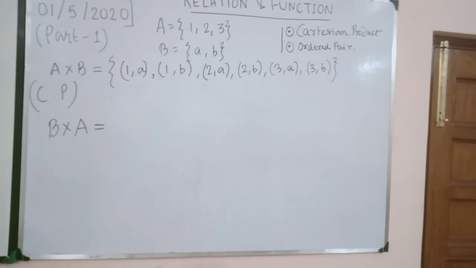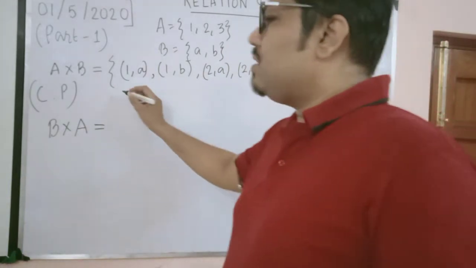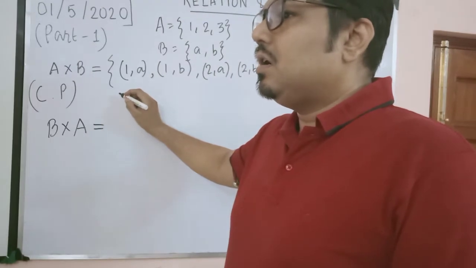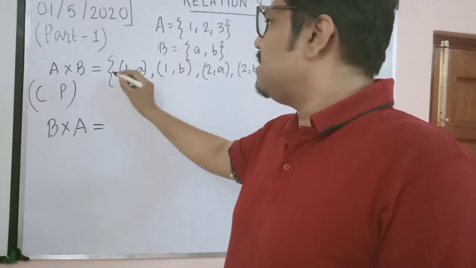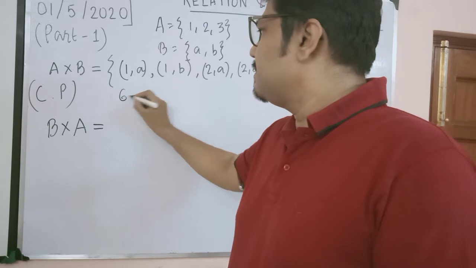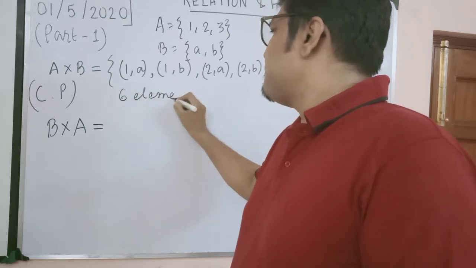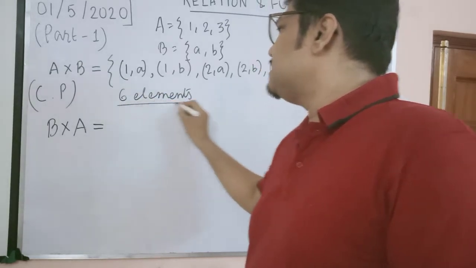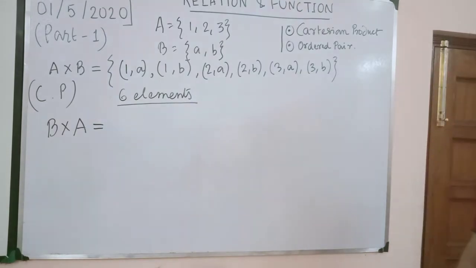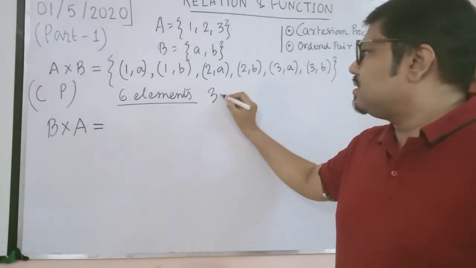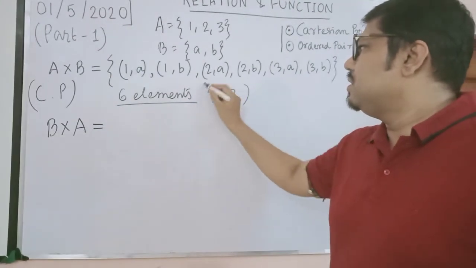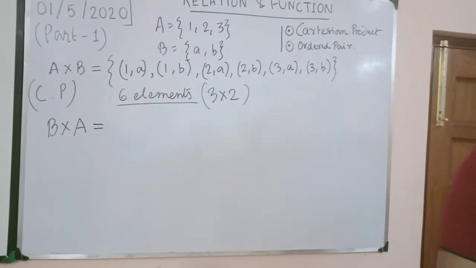Now A cross B has how many elements? It has 6 elements, because A has 3 elements and B has 2 elements.